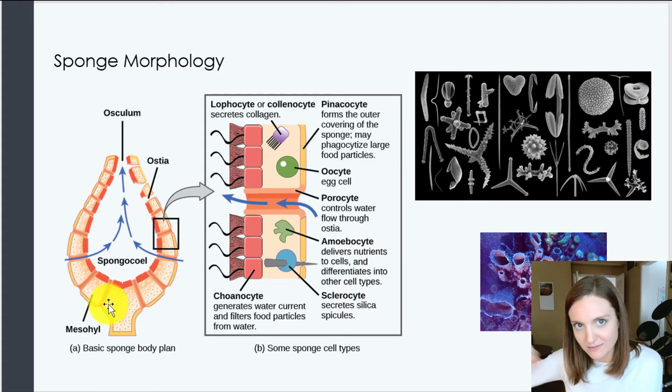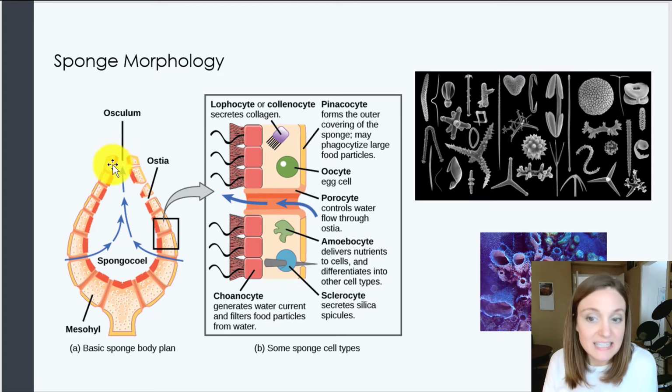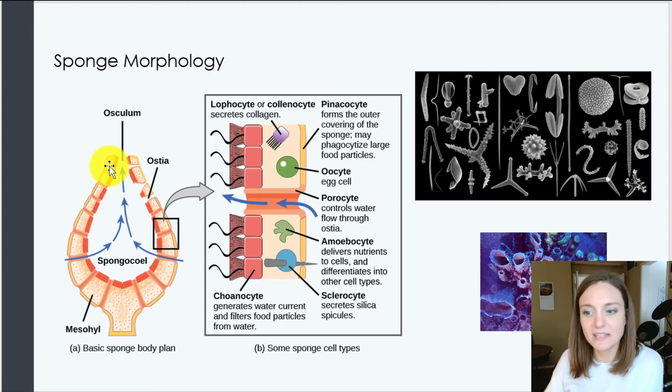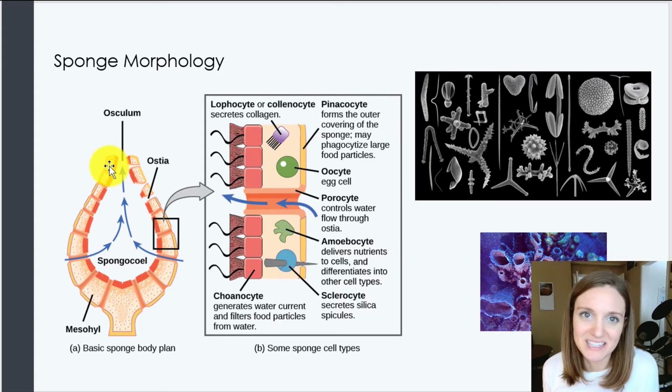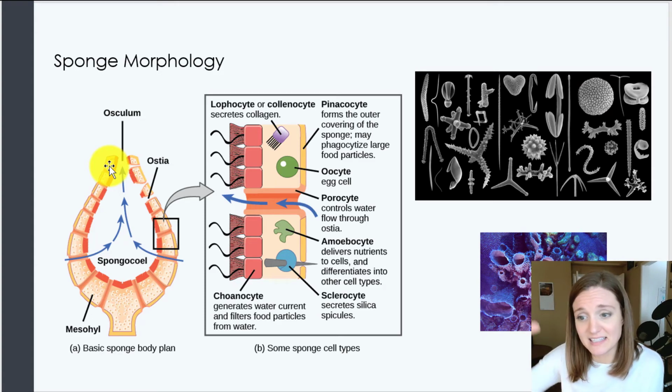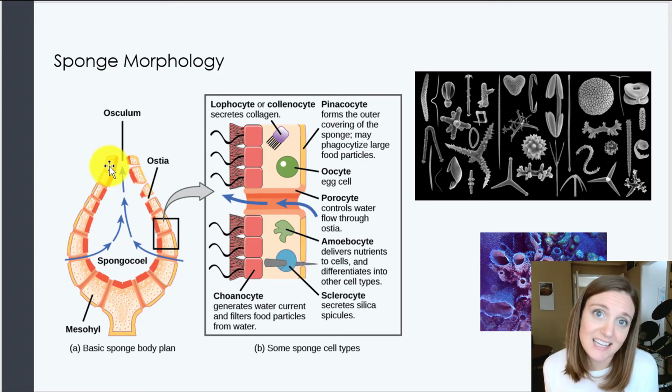They can move around, and so maybe if these choanocytes and these cells up here in this region of the sponge haven't gotten any food in a while, those amoebocytes would move to that area and deliver that food to those cells up there. So no circulatory system, no tissues at all, but yet they can use these specialized cells, in a sense, to maintain their bodies and to keep everything alive.